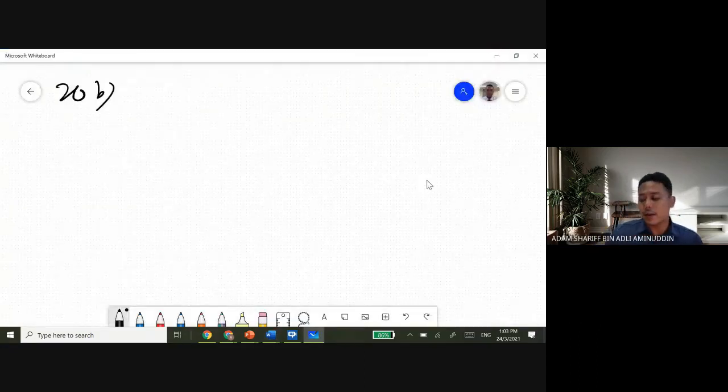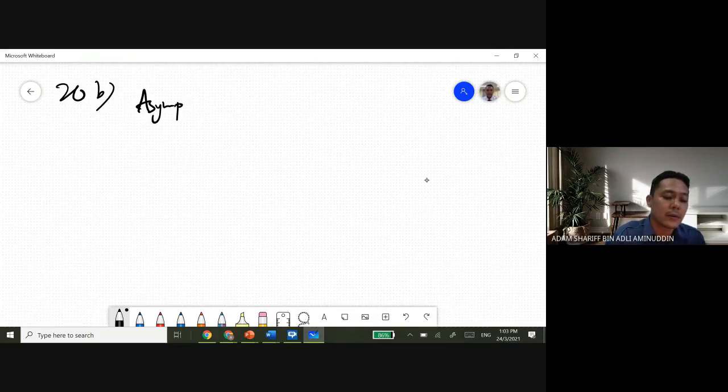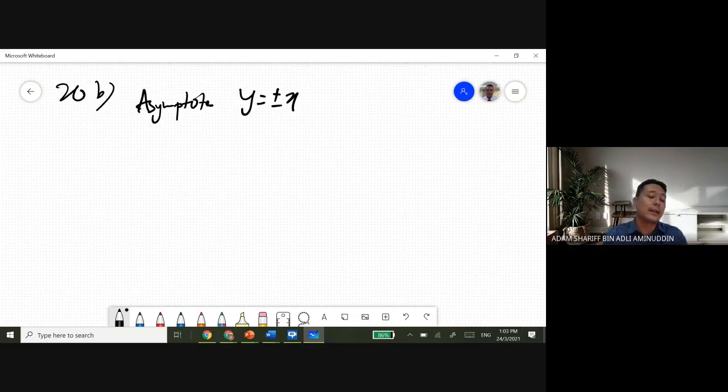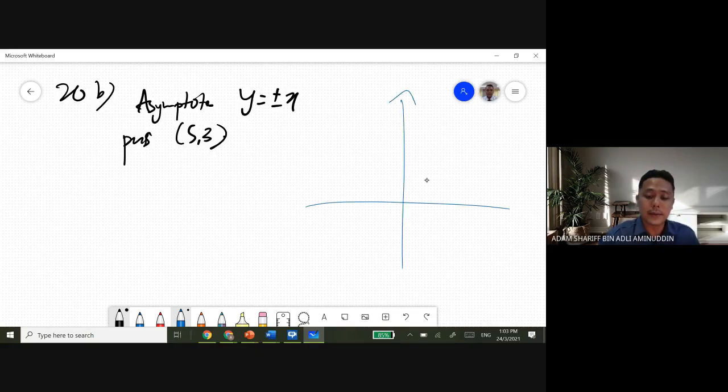So when I get this question, I write first that the asymptote is y equals to plus minus x. Both direction. And it pass at 5, 3. So again, suppose I get this question, this is what I will do first. It's not necessarily, but it's good. Y equals to x. Asymptote dia di sini. Okay, this is the asymptote.